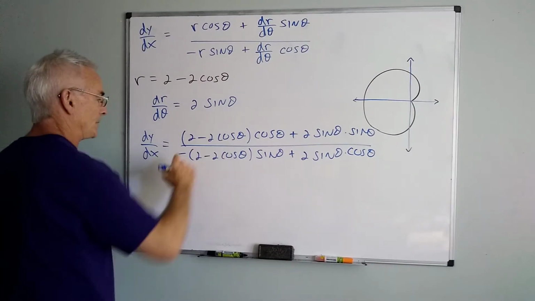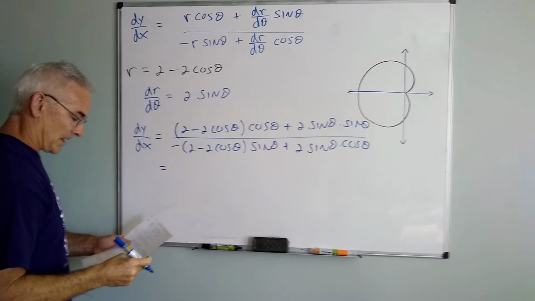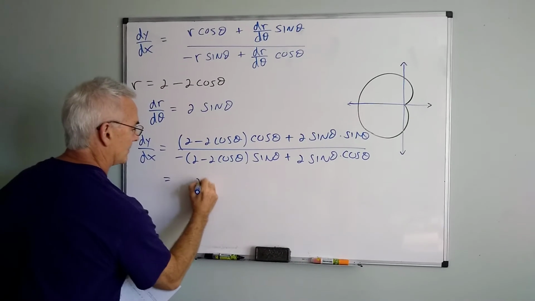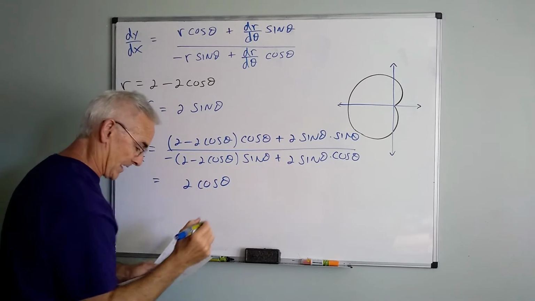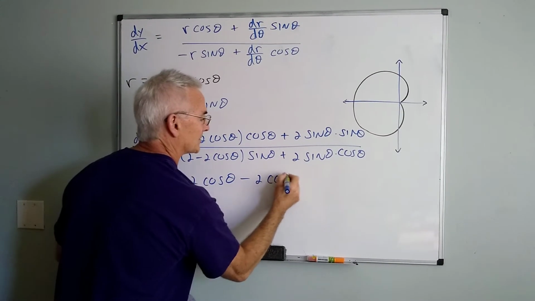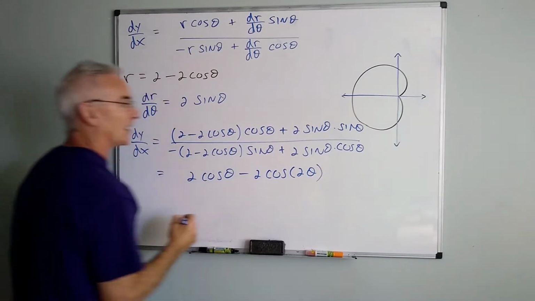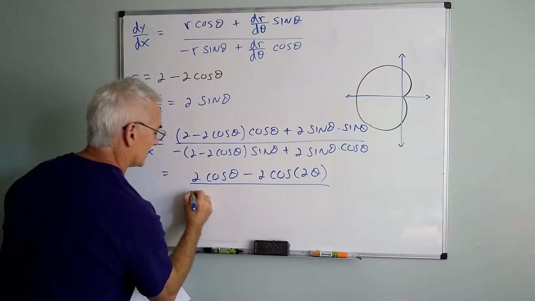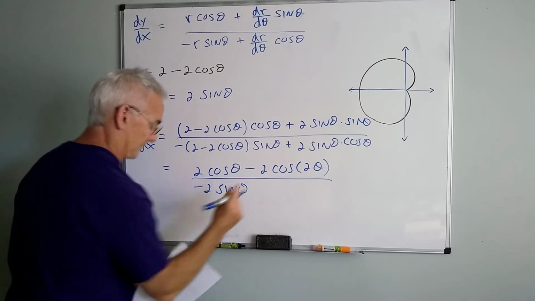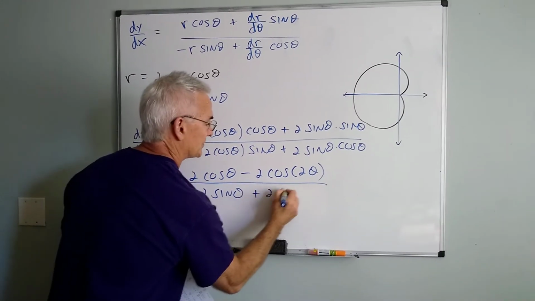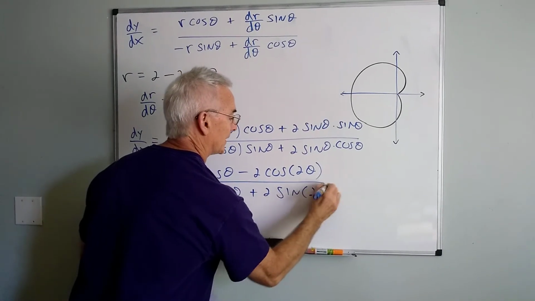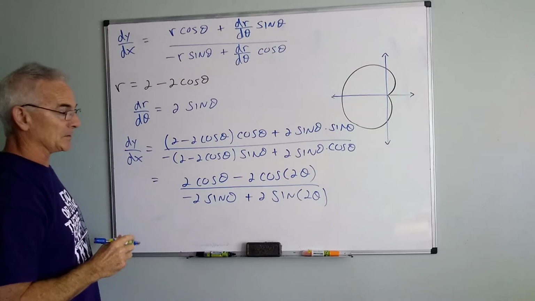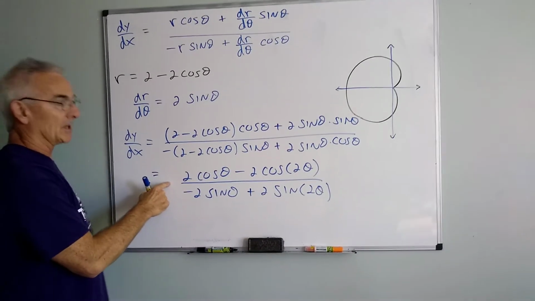So if I distribute and I combine terms, then my numerator reduces all the way down to 2 times the cosine of theta minus 2 times the cosine of 2 theta if I apply a double angle formula. And my denominator, negative 2 times the sine of theta plus 2 times the sine of 2 theta. So for every value of theta between 0 and 2 pi, I can plug them in there and I can find the derivative.